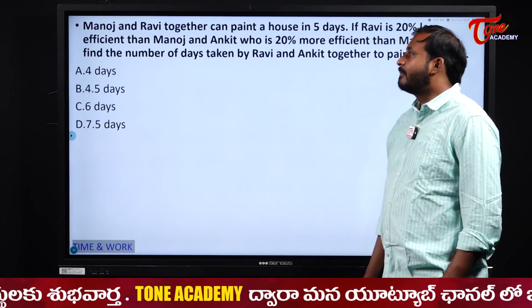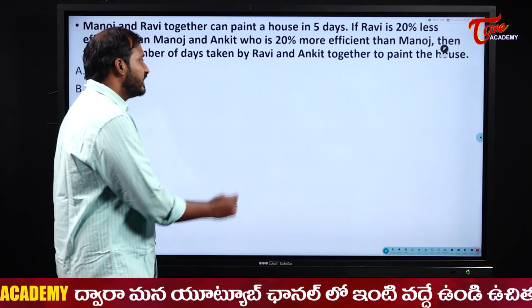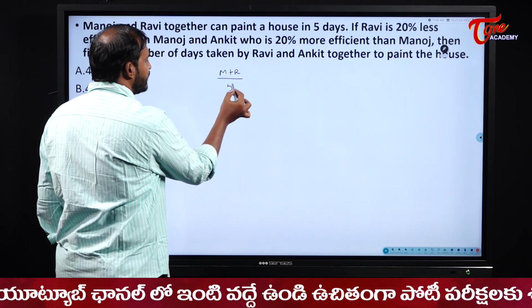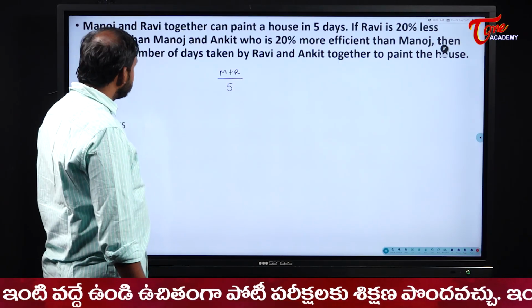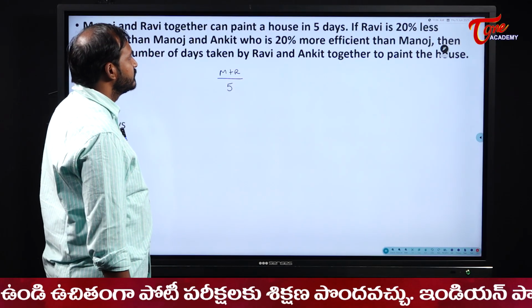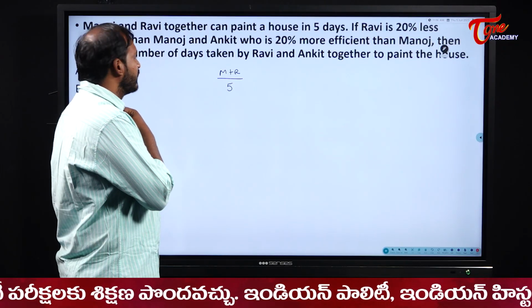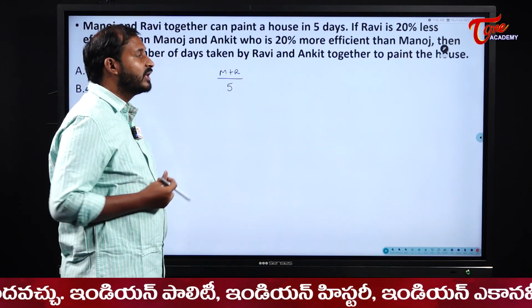Next one. Manoj and Ravi together can paint a house in 5 days. Okay. If Ravi is 25% less efficient than Manoj, and Ankit is 20% more efficient than Manoj, then find the number of days taken by Ravi and Ankit together to paint the house.